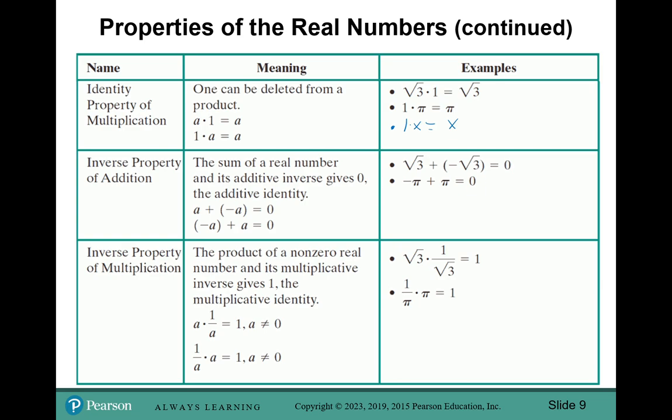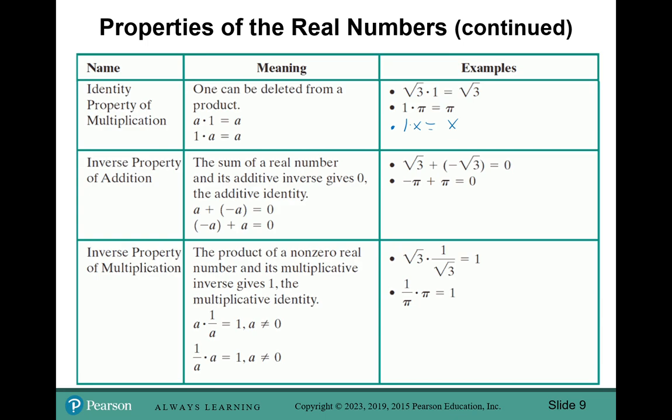So here the multiplicative inverse is 1 over A. So we have A times 1 over A, its multiplicative inverse, and that simply renders 1 because the A's cancel out as long as A is not equal to 0. You can also do it the other direction, 1 over A times A, that also equals 1.